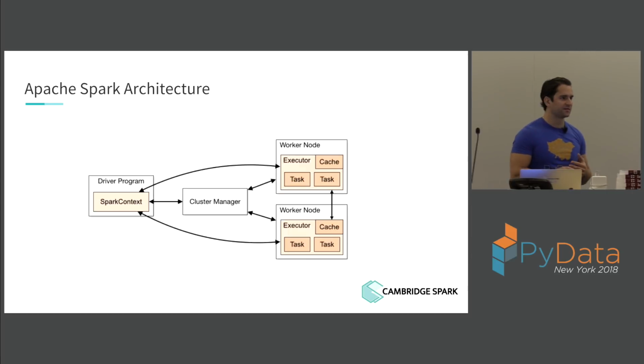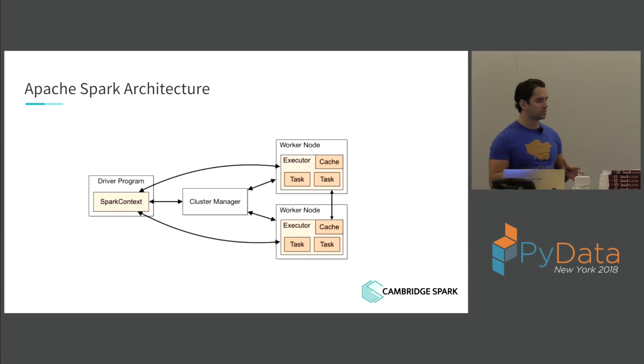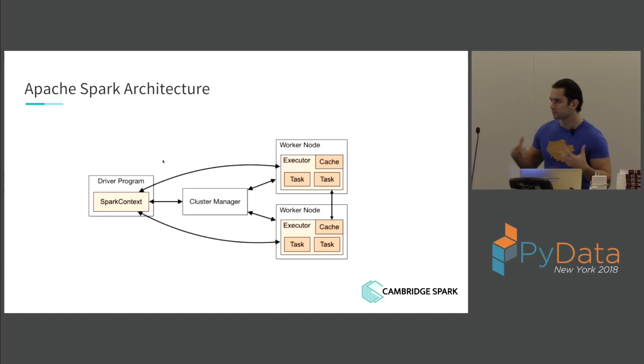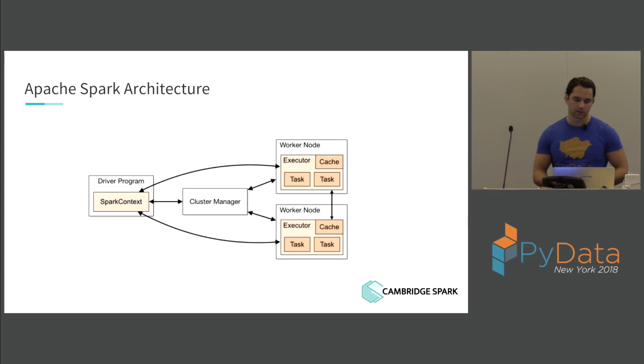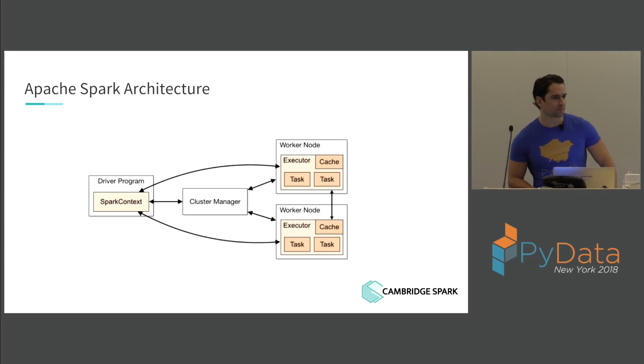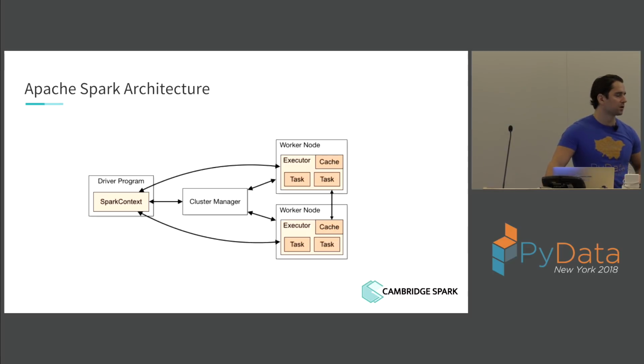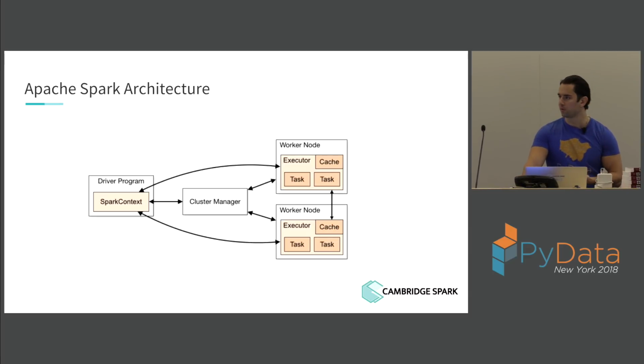So here's the life cycle when you want to run a Spark job. It always starts with a driver program. That's the program that's going to launch the job, right? So we call that the driver program. And the driver program has to set up what we call a Spark context. That's the entry point to using the Spark API.